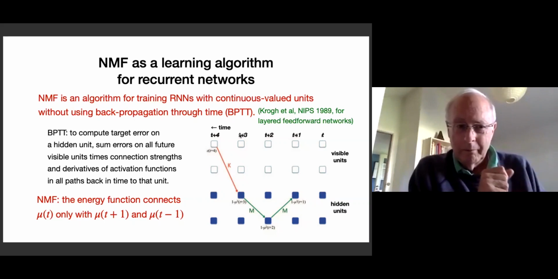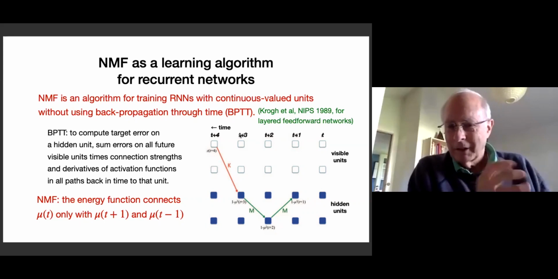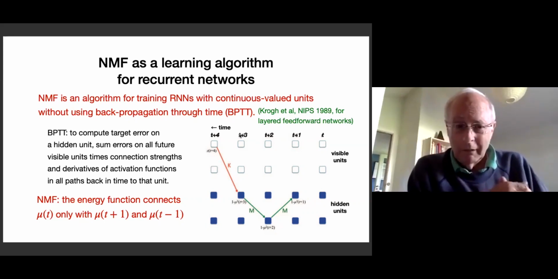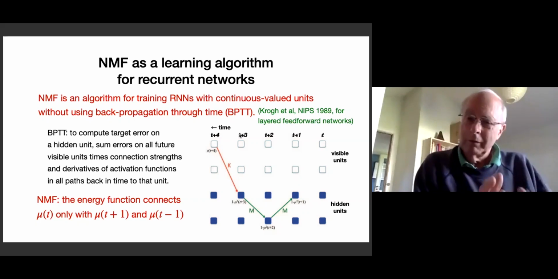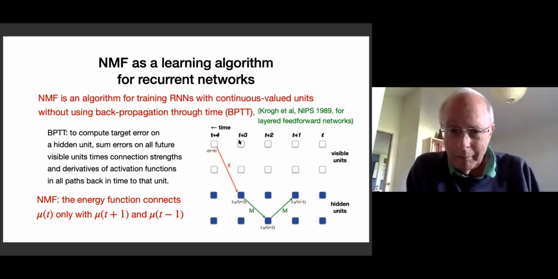In the naive mean field theory way of doing it, that's all done implicitly when you write down the energy function, and each mu is only connected with ones at neighboring steps in time.